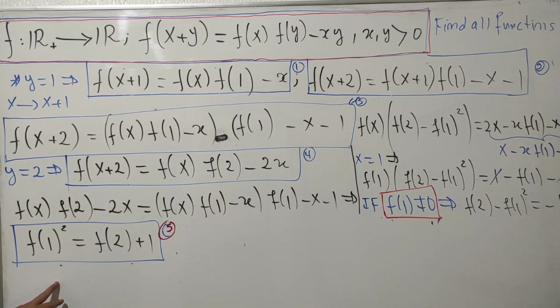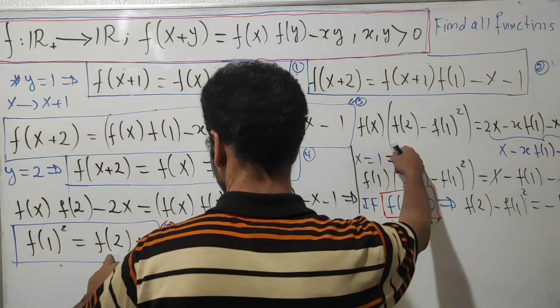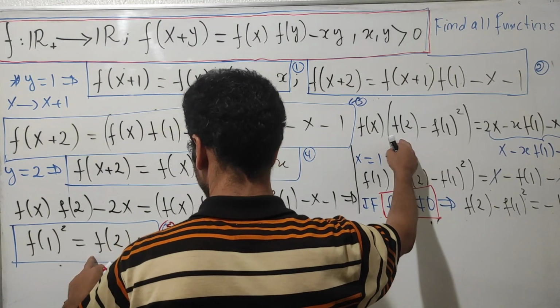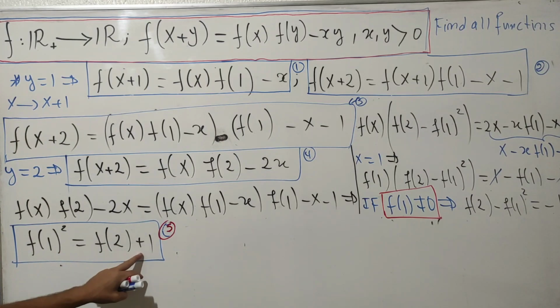Since we know this formula, I'm going to take advantage of it and use it in the previous equations in order to find f of x. Let's replace f of 2 with f of 1 squared minus 1 here.